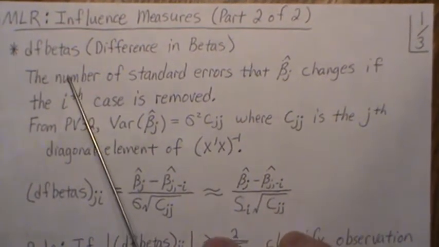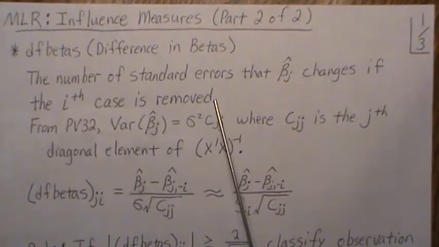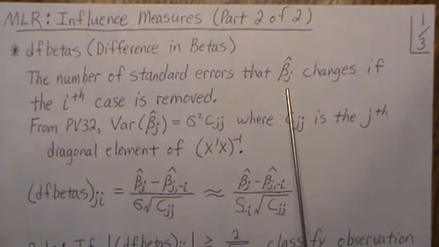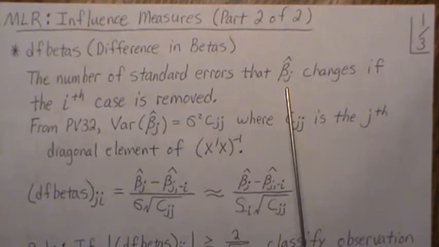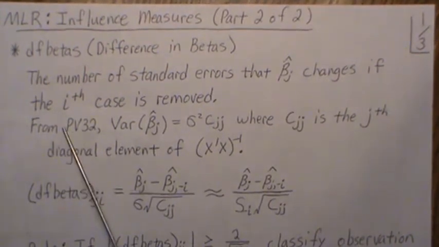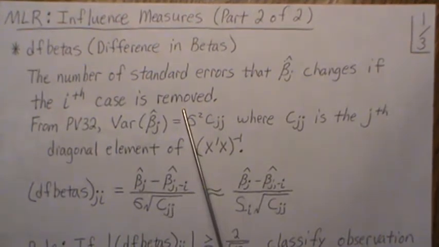So dfbeta calculates the number of standard errors that the least squares estimate for beta j, which is a component of that least squares vector for the beta parameters, changes if the ith case is removed. You'd hope it doesn't change much, but if that value changes a lot, then something is weird.